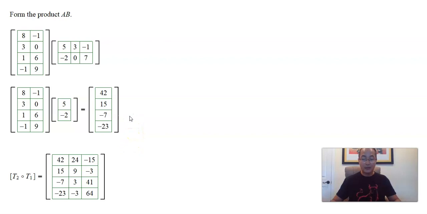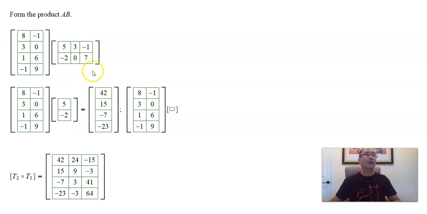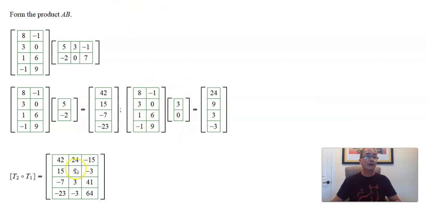So let's try the other columns. I think we can fit them here. So you take A and you multiply by column 2. So you take 3 times column 1, no column 2 contribution. So you just triple column 1. Yes, of course, exactly the same.